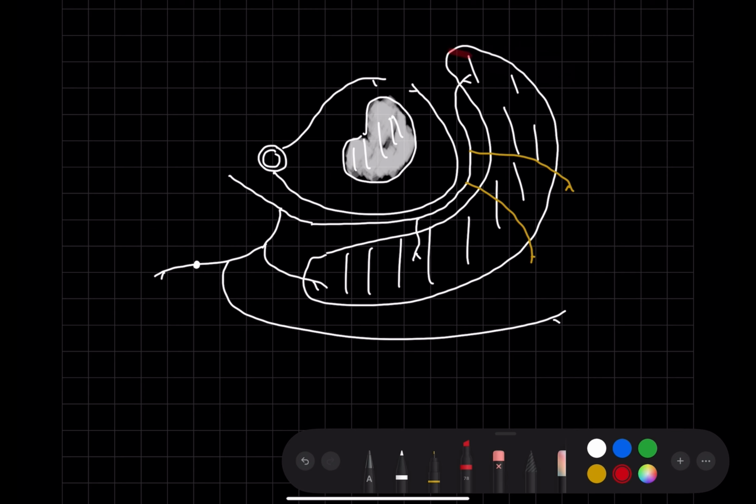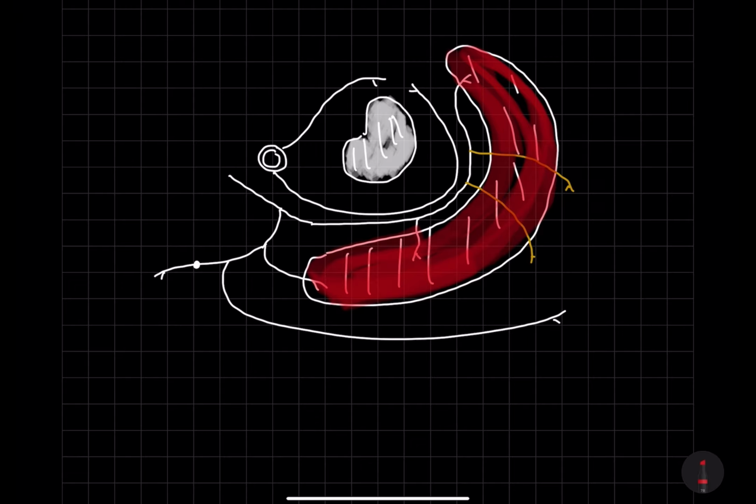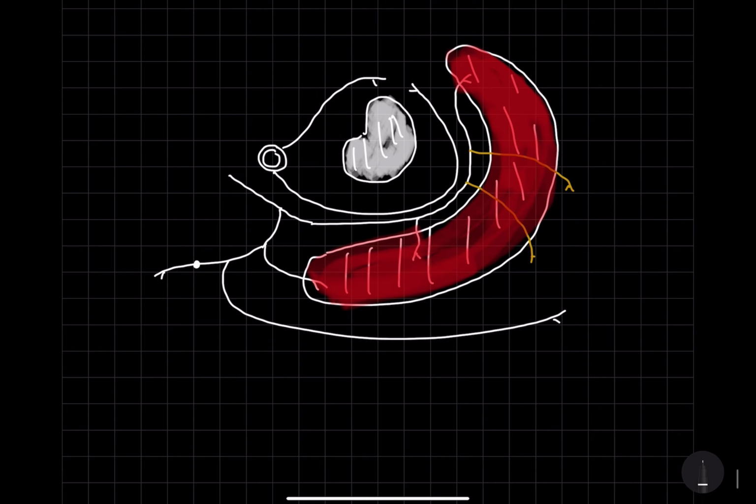What muscle? Deltoid. So this is your deltoid muscle. Let's label these branches, starting with this, your axillary artery.